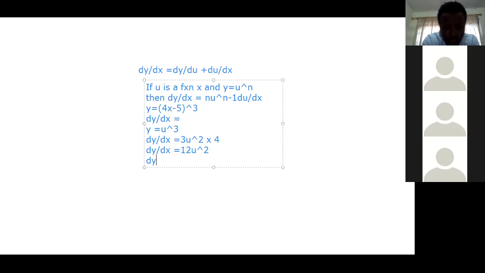And so dy/dx is equal to 12, our u is 4x minus 5, raised to the power 2. Do you get it? So it's the same as the first one, but with this one, it's just simple. You can just look at it with the formula.